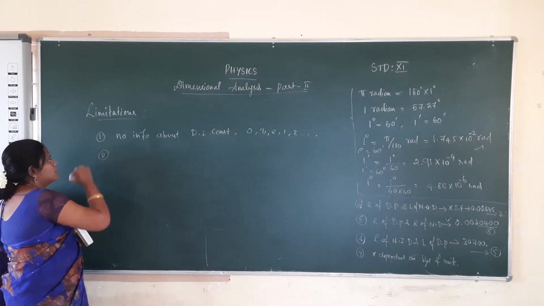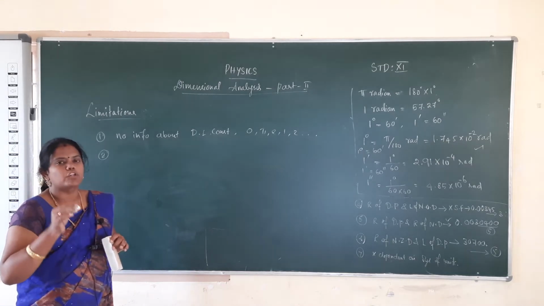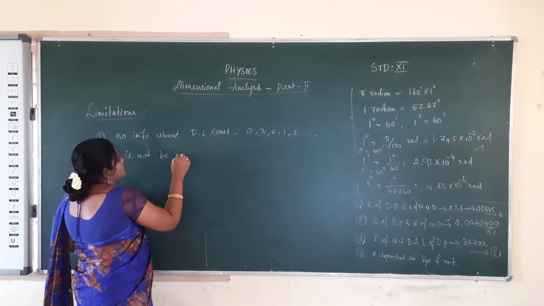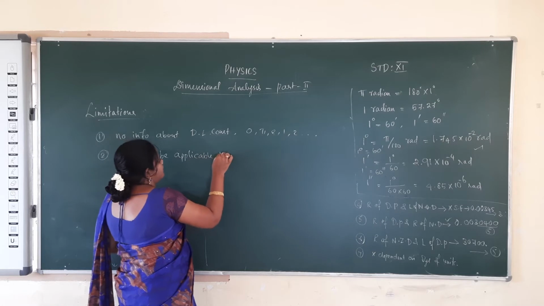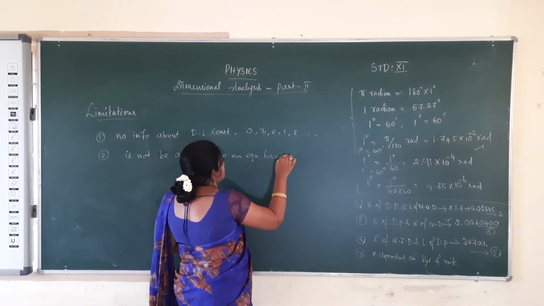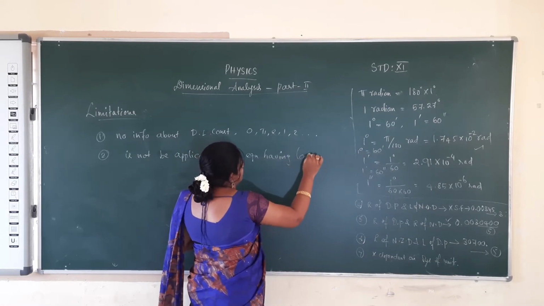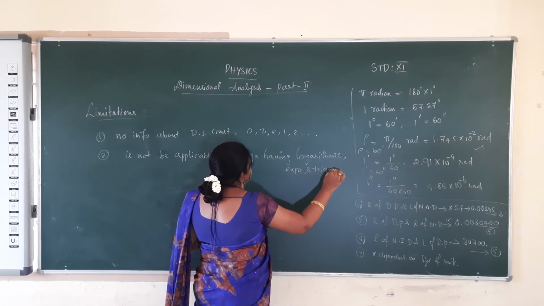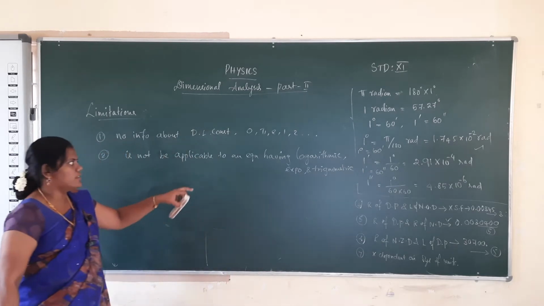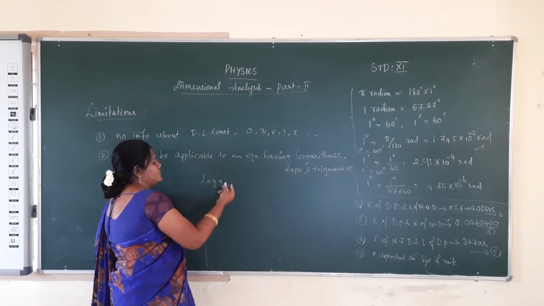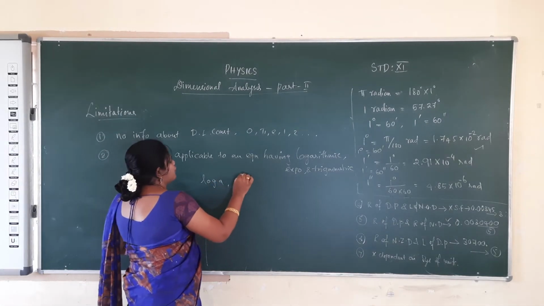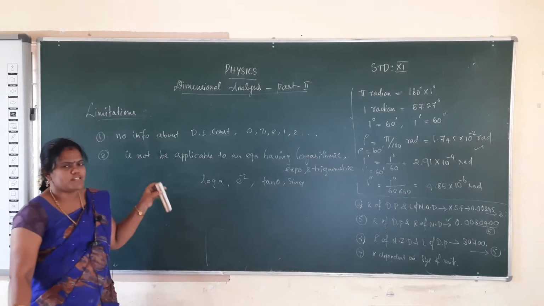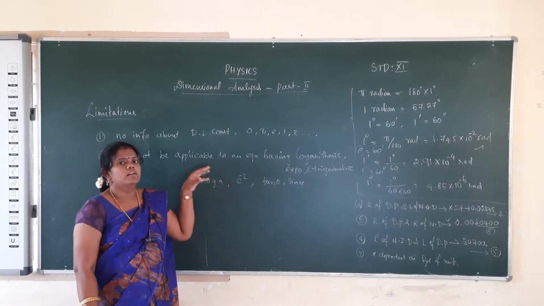And the second one: dimensional analysis is not applicable to an equation having logarithmic, exponential and trigonometric functions. Any equation with these, logarithmic like log a, log c, log of x power 1 by 2, exponential like e power minus 2, and trigonometry like tan theta, sin theta, cos, cosine, tan, all are not explained in the form of dimension analysis.